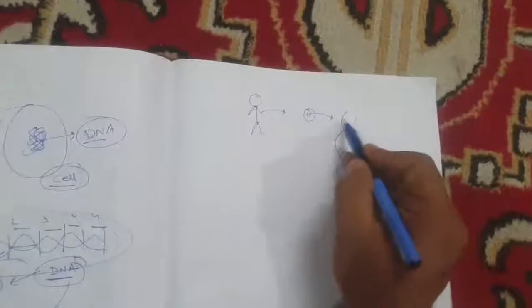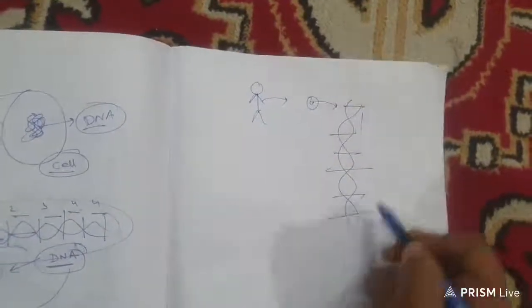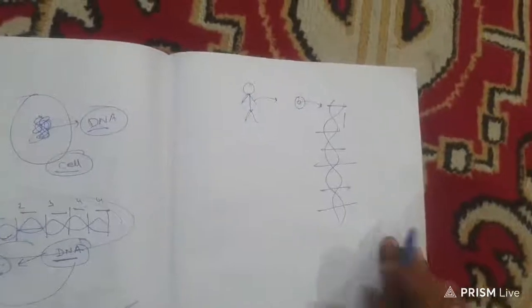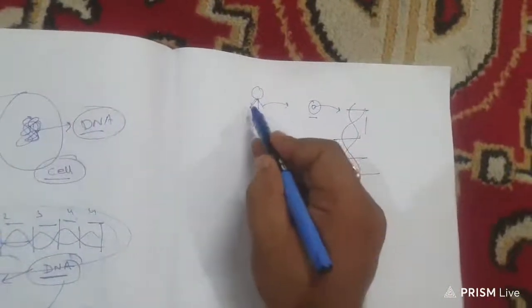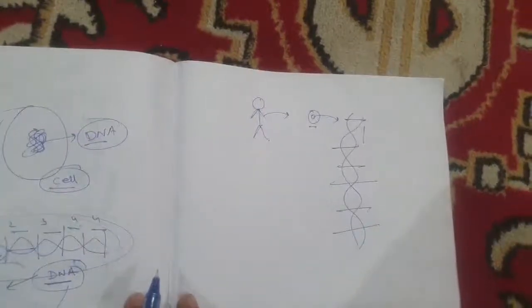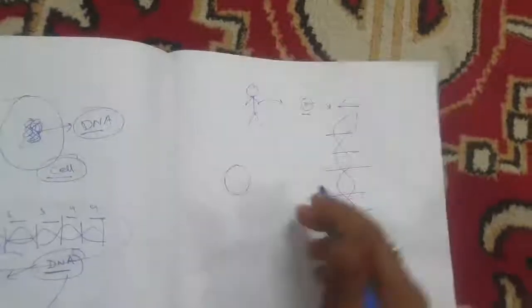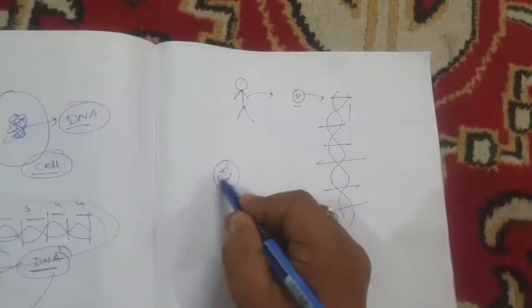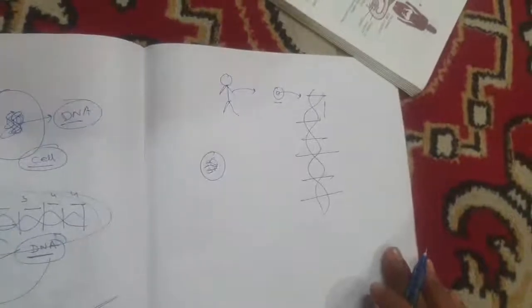Then in my cell, all the genes are there: gene 1, gene 2, gene 3. In this way, lots and lots of genes are there. And remember, the set of genes present in one cell of my body will be present in every cell of my body. It means my cells carry sequences which I have particularly for myself.